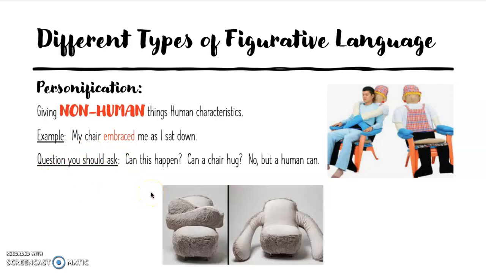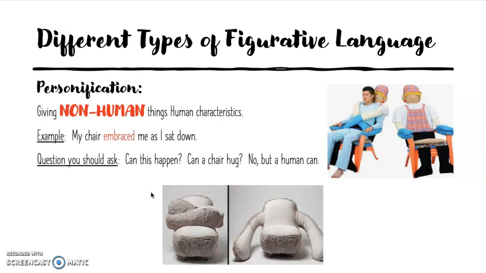Can a chair hug? Nope, but a human can hug. So if you're asking if the inanimate object, or sometimes you could say the squirrel chatted to my husband while he built the bonfire. Well, squirrels don't just have a chat with another human, but another human would.